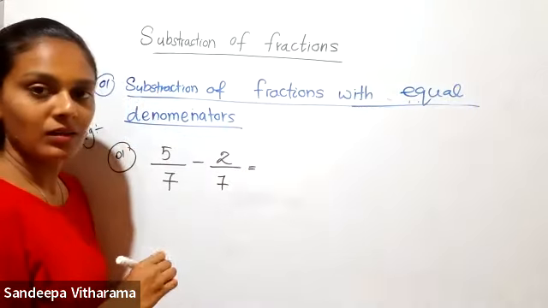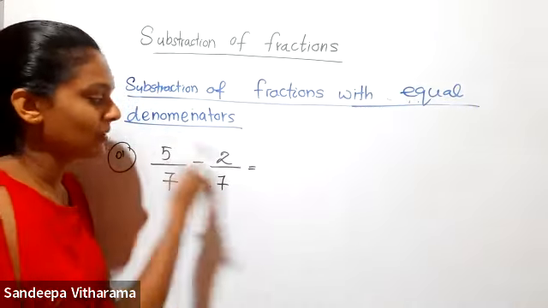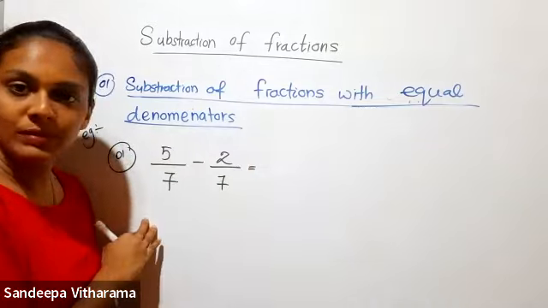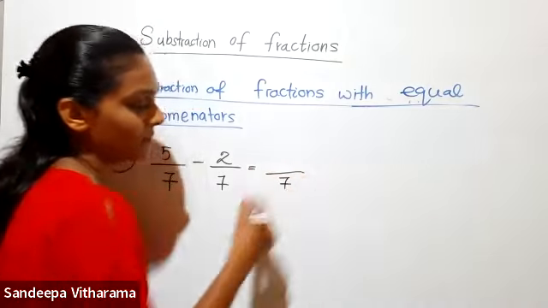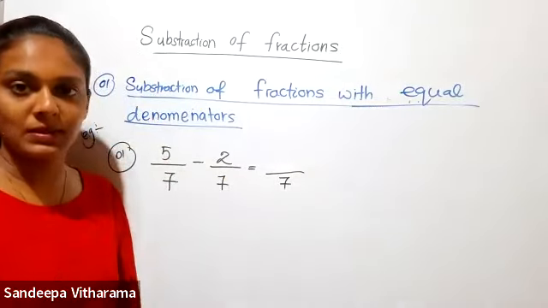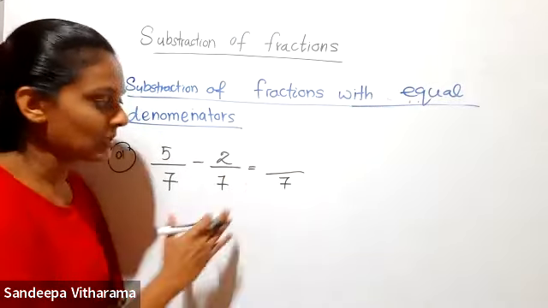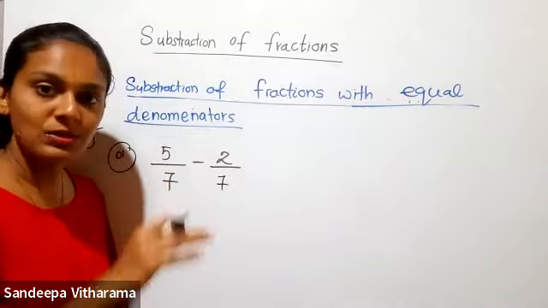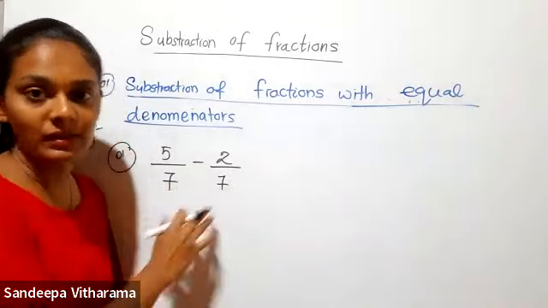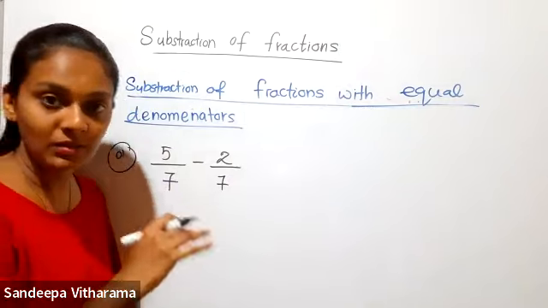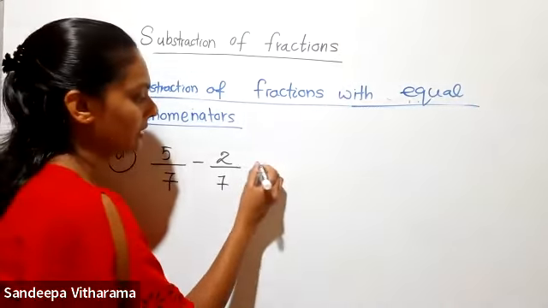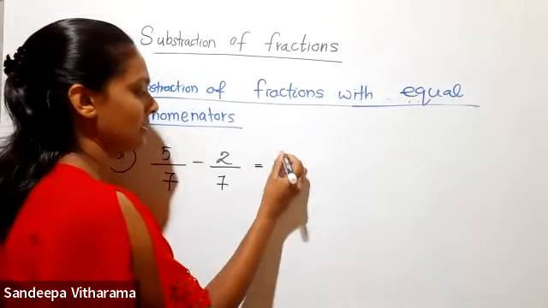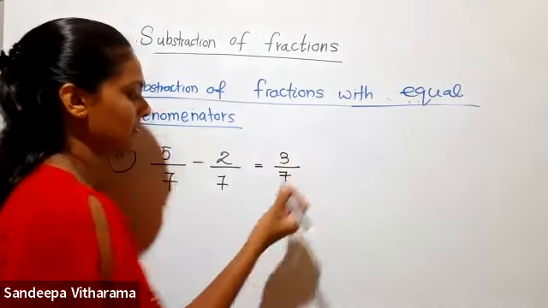So what you can do is you can subtract the numerators separately. Because when we have addition or subtraction, to simplify a fraction, we need equal denominators. If not, we have to make them equal. Look, it is 3 upon 7.